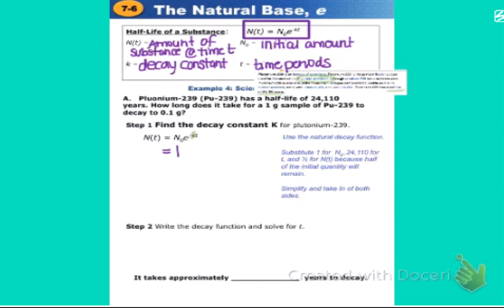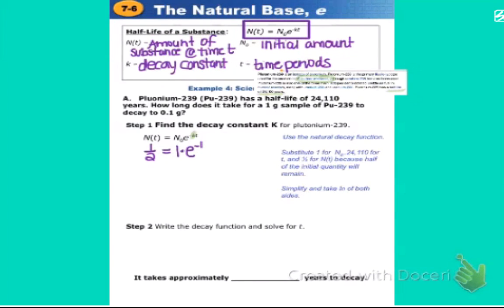And we're also going to plug in 24,110 for t, because that's the half-life, how long it takes to get to half. And what's half of 1 gram? That's going to be a half. So we'll know we've completed a half-life when we have 1/2 remaining. So we put that in for N of t. And then finally, of course, we have the e.